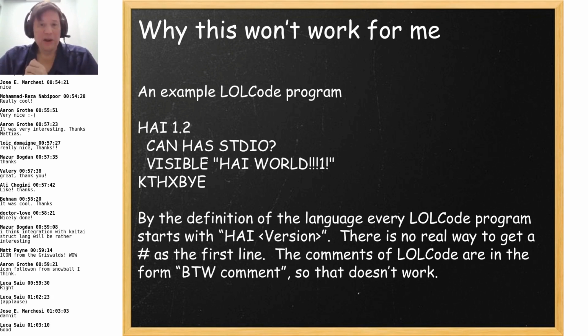There is no real way to get a bang as the first character on the first line. The comments, normally in a lot of scripting languages you can use the hash as the beginning of a comment. Well, LOLCODE doesn't do that. So you end up with BTW, then the comment. So that won't work for us either.